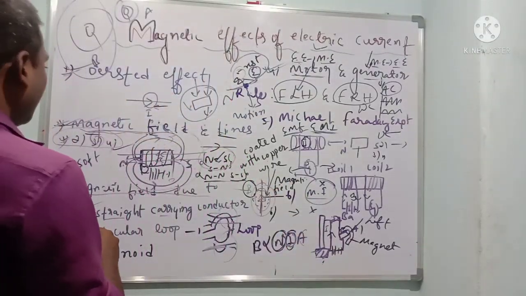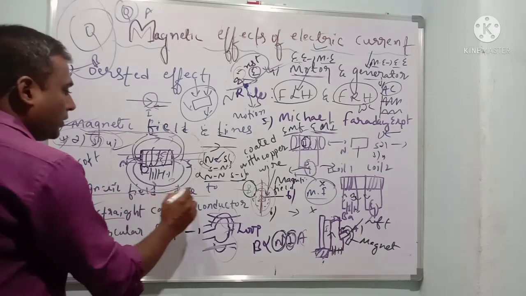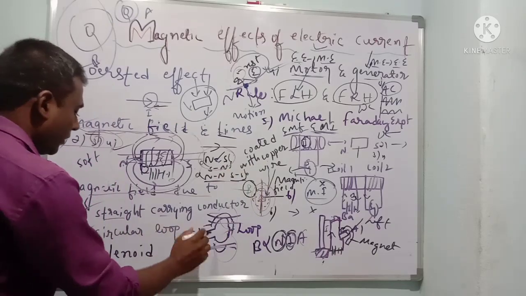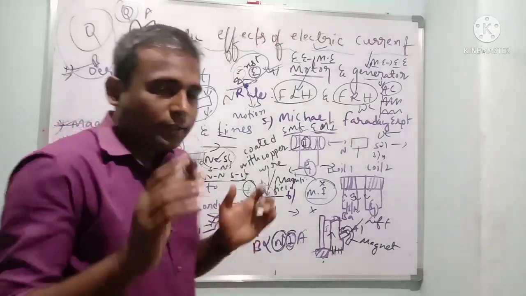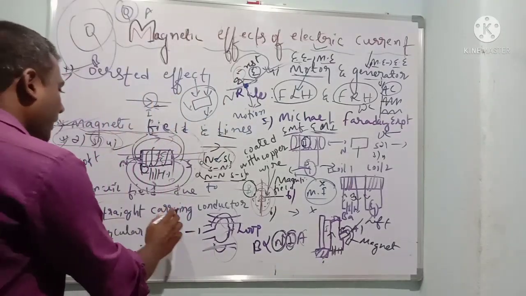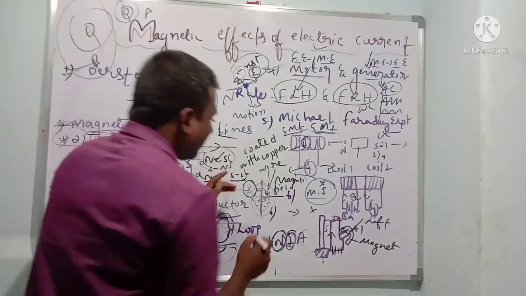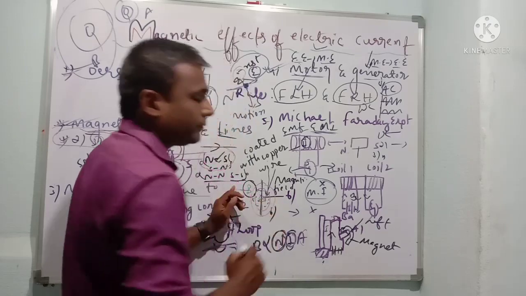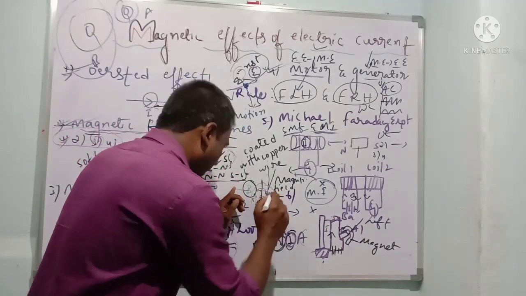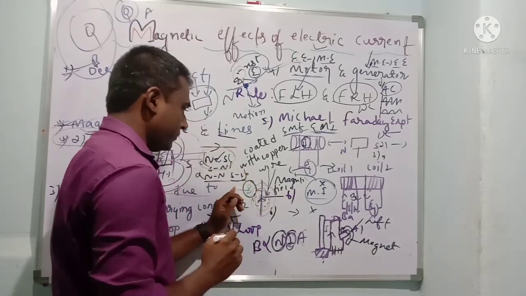Next, I come to the point: magnetic field due to a straight current carrying conductor, circular loop, solenoid. Just focus on what I am telling, children. Now here, a straight current carrying conductor. Let us imagine a conductor. It is going to carry current.